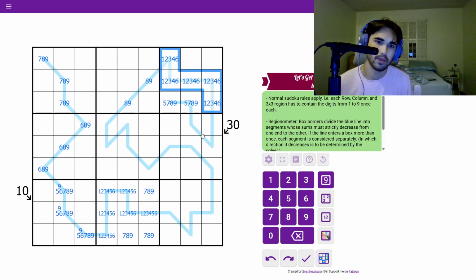16. This could be 15 or 14. Is it these three cells? This is 22, 21, 20, 19. So we cannot put a 1 on these cells. I know that.